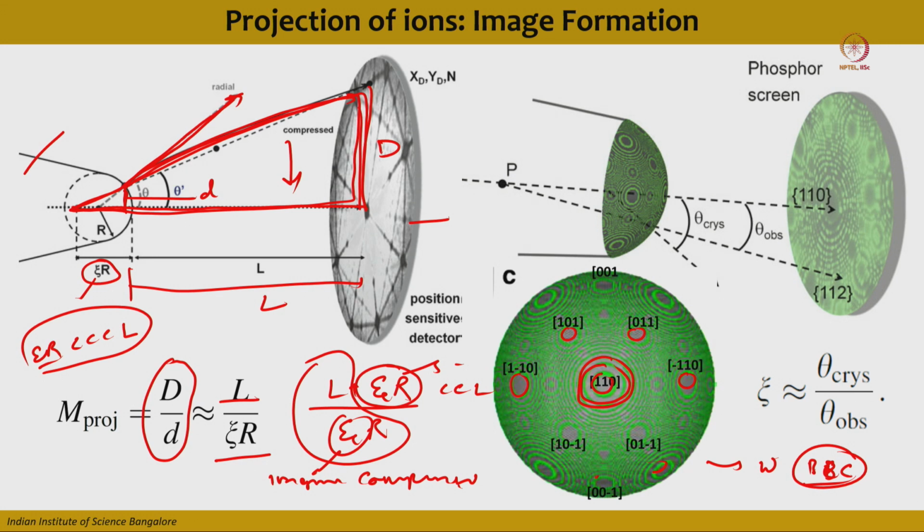Okay, so we know that in a crystal the angle between two crystallographic directions remains the same, and it can be calculated.